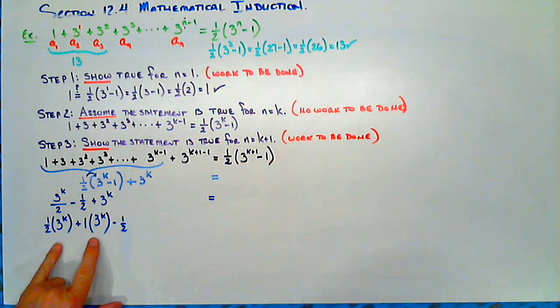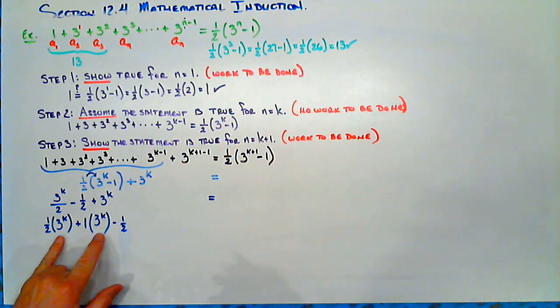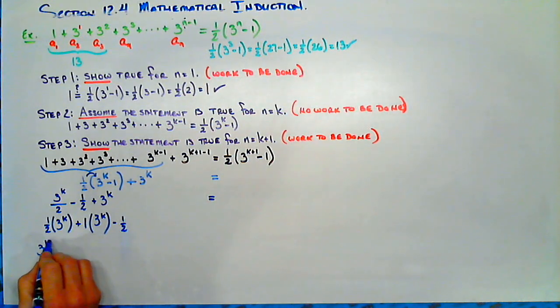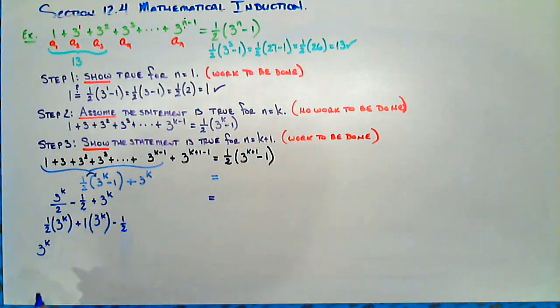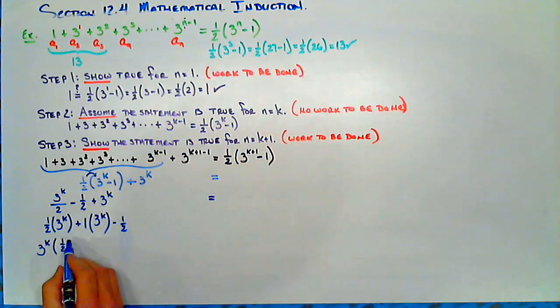Now, take a look at these. We're going to do some interesting algebra here. We're going to factor out a 3 to the k. What's left if we factor out a 3 to the k? We have 1/2 plus 1.